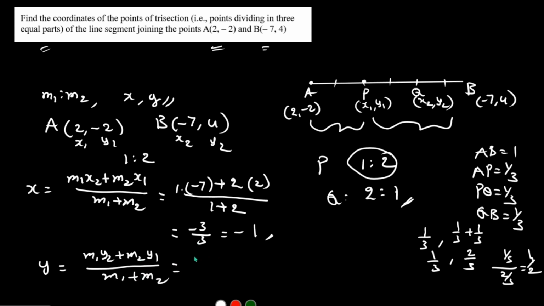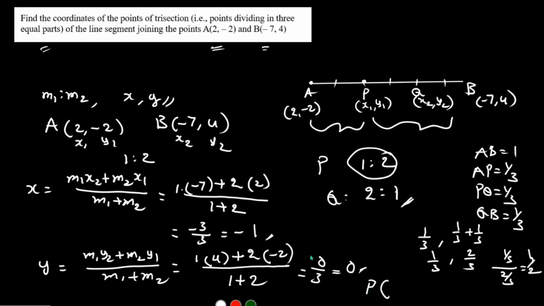Here y2 is 4, plus m2 which is 2 times y1 which is -2, divided by 1 plus 2. Here 4 minus 4 is 0, so 0 by 3 is also equal to 0. So the P point has x coordinate -1 and y coordinate 0.